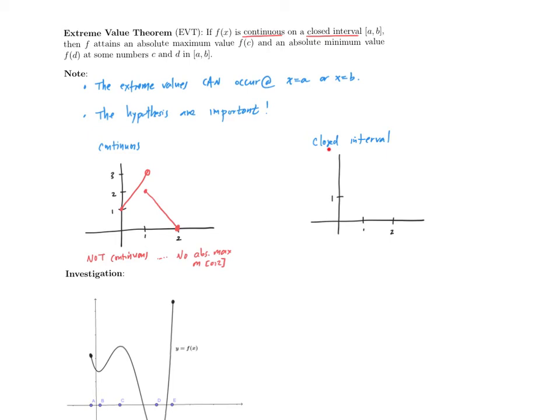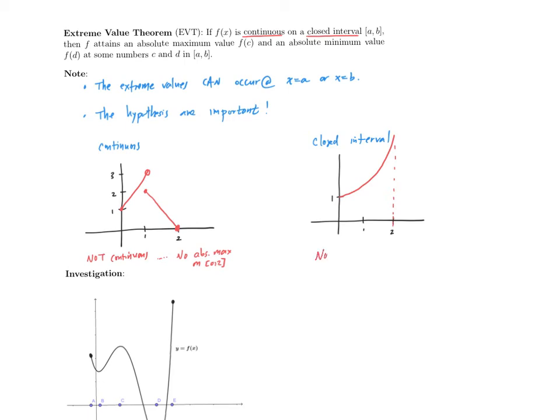We also need to make sure we're dealing with a closed interval. So if I draw an example of a continuous function, but I'm going to say it's only defined from 0 up to but not including 2. So maybe something like this. And this is a graphical example of a function which is continuous but has no absolute maximum.